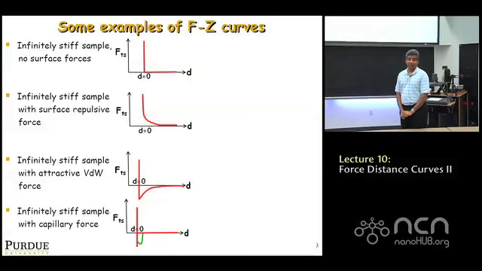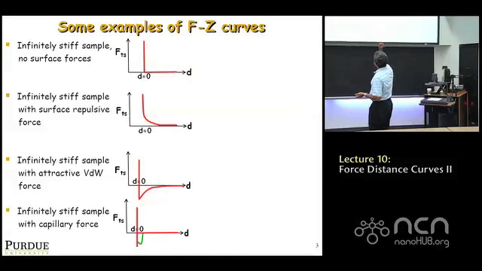I've chosen D equal to 0. Remember, D equal to 0 is somewhat arbitrary, and we can debate where it should be. But for simplicity, I've chosen it to be exactly where the gap closes to 0. D I interpret as gap. Gap is 0 means you're contacting the surface.